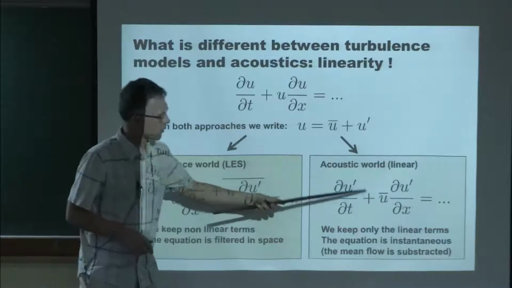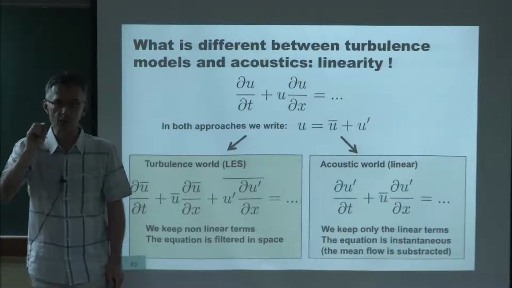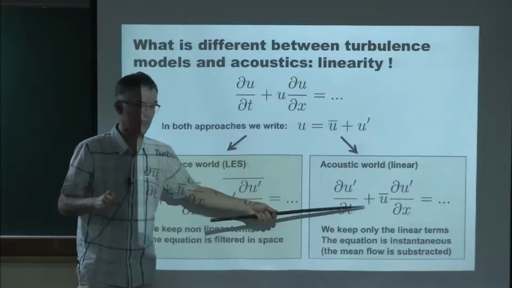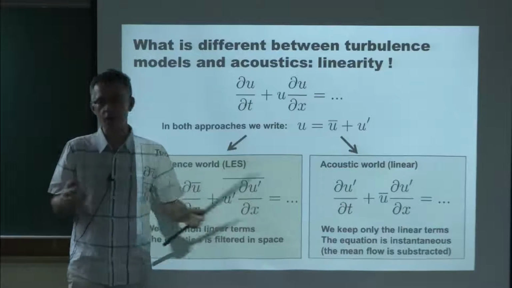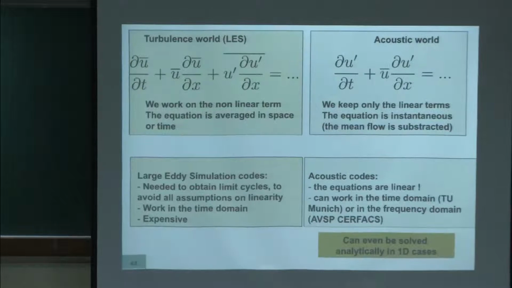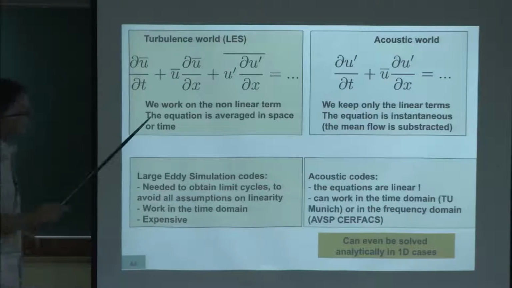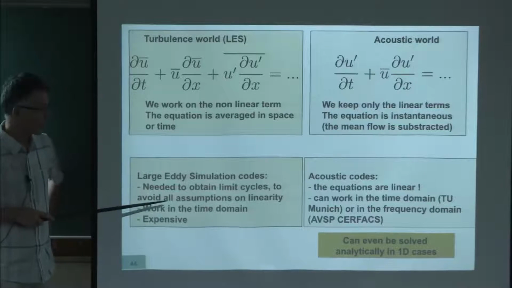In the acoustic world, you are limited to small amplitudes of u prime. You have to know that from day one. If you have big amplitudes, this is not applicable. If you have small amplitudes, it's a smart way to do business because it is cheap. And of course, price is going to be important. So here, on this line, we are really in the field of LES, and that's going to be expensive.